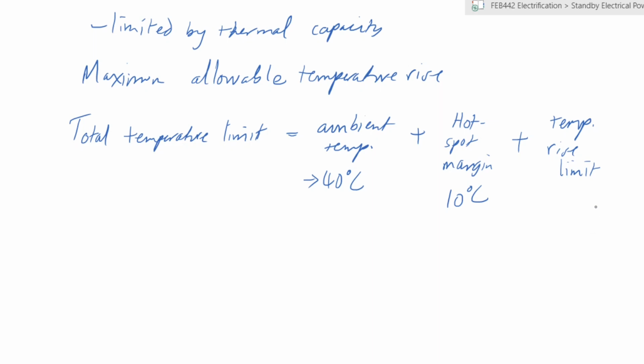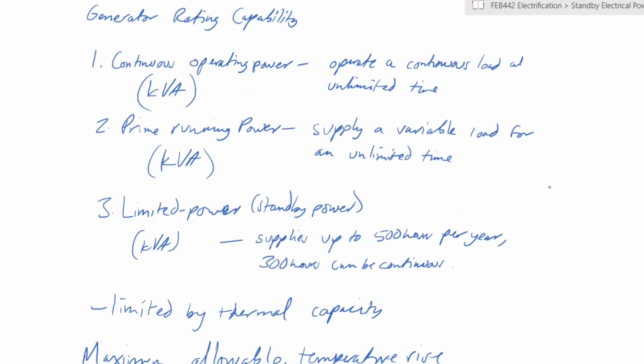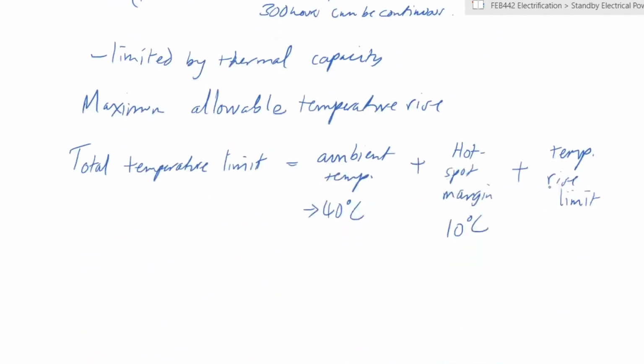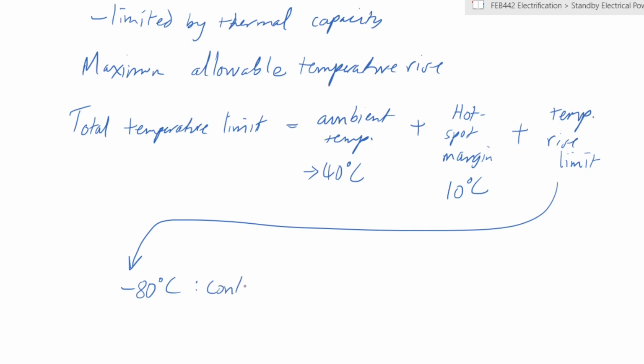Then the temperature rise limit would be, of course, the difference between the maximum temperature limit which the machine can withstand and the ambient and hotspot margins. So generally, you can have different temperature rise limits depending on the ratings that you are making use of. For example, the temperature rise limit generally is 80 degrees for continuous operation.